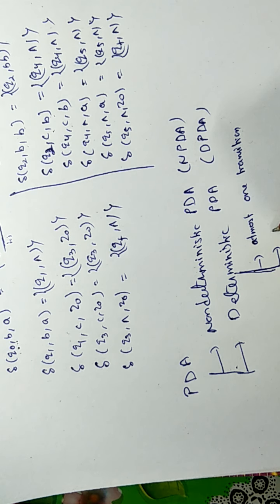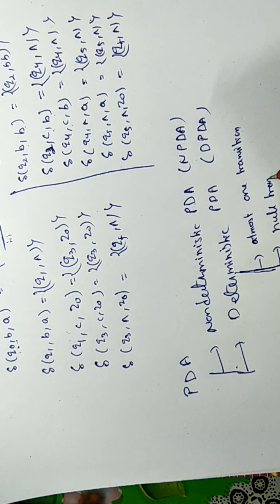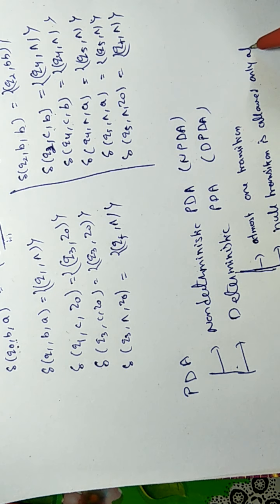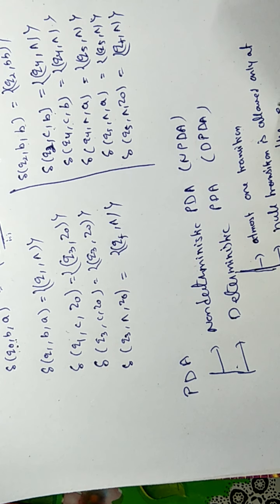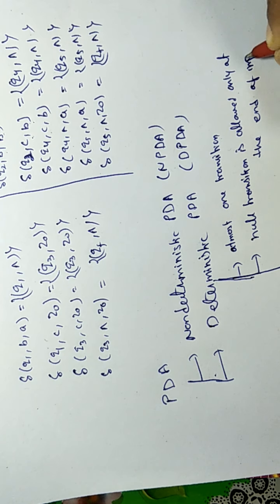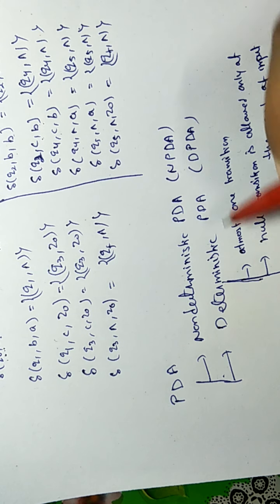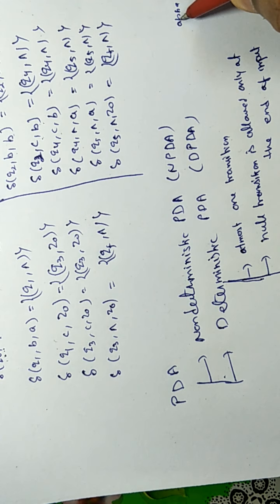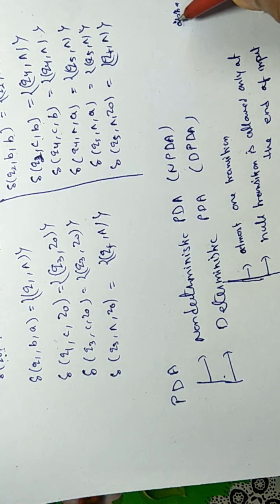The second thing is that null transition is allowed only at the end of input. We cannot write null transition in DPDA in between. If suppose I have a, b, b, a, and I am assuming there is a null, we can't assume this in DPDA. In NPDA we can assume there are nulls in between the input.